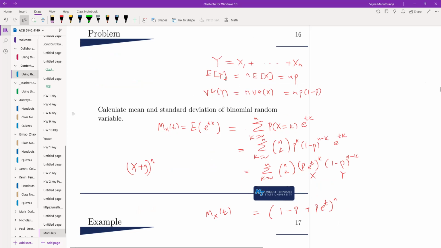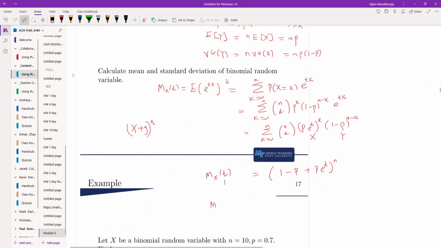To get the first moment, you can differentiate this and set t at 0. So it's going to be n times 1 minus p plus p e to the t, to the n minus 1, times p e to the t, and then at 0, that's going to be np. In the same way, you can calculate the second moment.